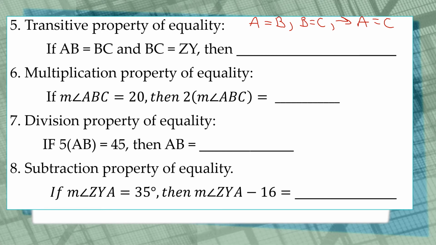So if AB equals BC and BC equals ZY, then AB equals ZY. Hopefully you're noticing, hey, these are the same here and here. That's what's going on with transitive property. It's almost like you're just taking whatever it started with here and setting it equal to what it's ending with there.